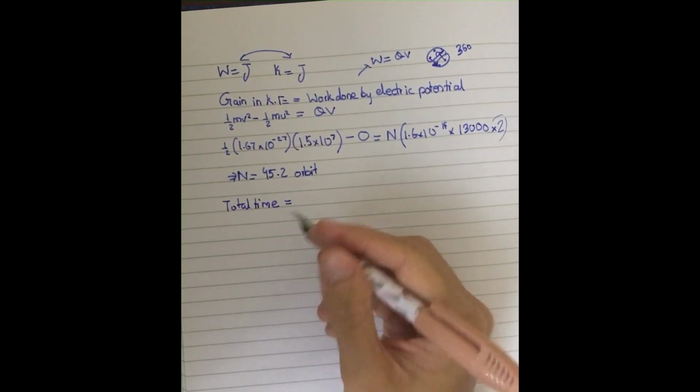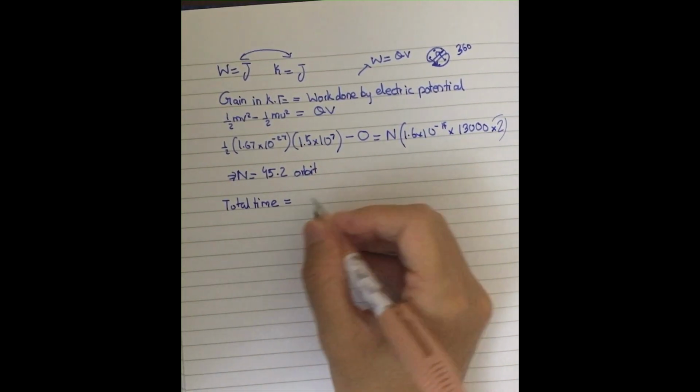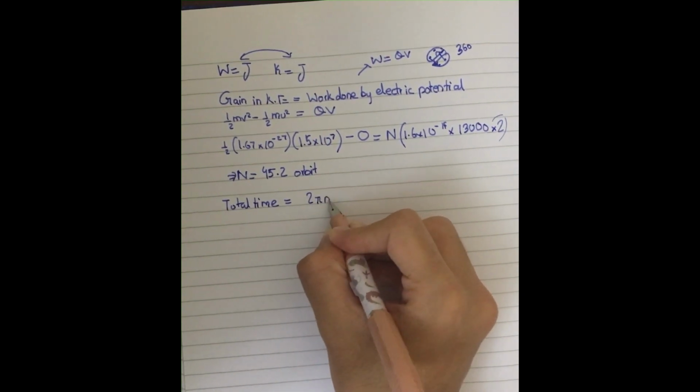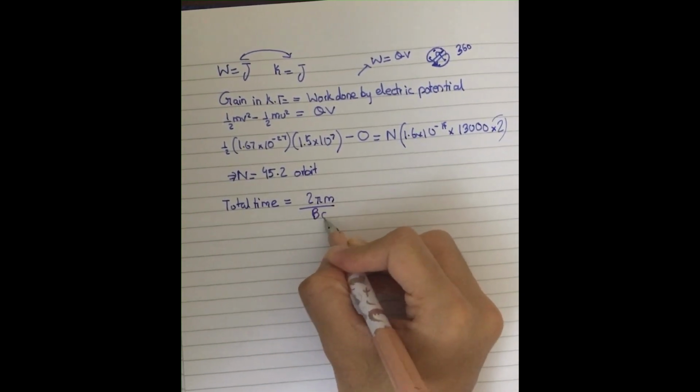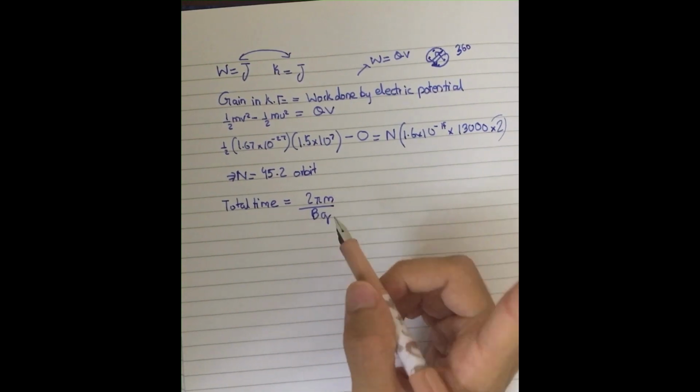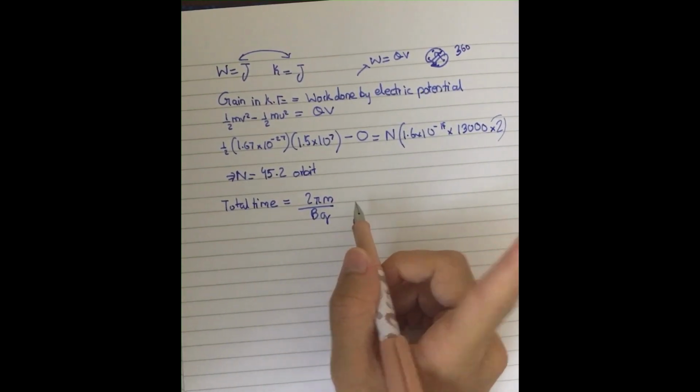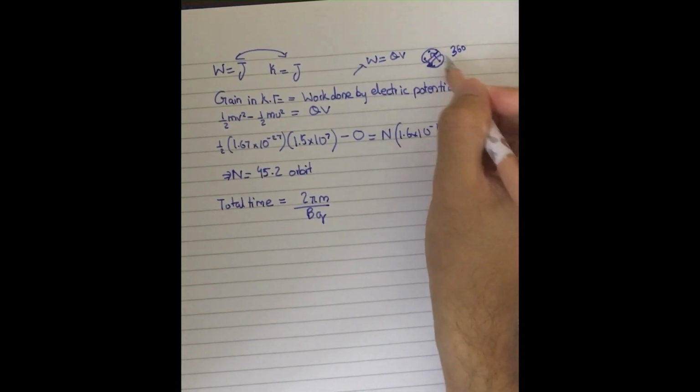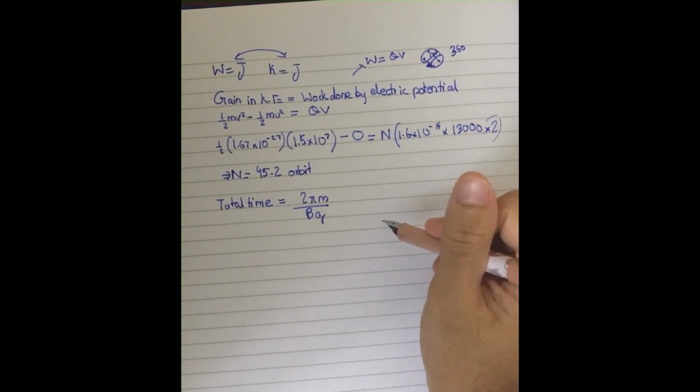We are going to use the Lorentz expression, where T equals 2 pi m by BQ. This formula only gives me the total time for just one orbit.